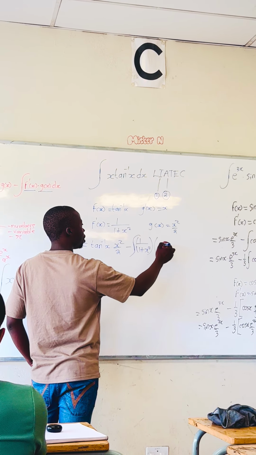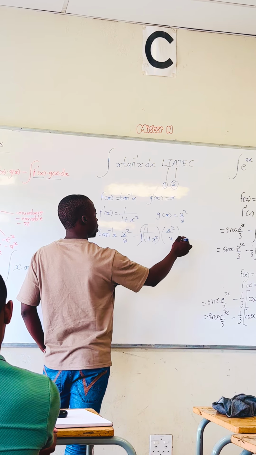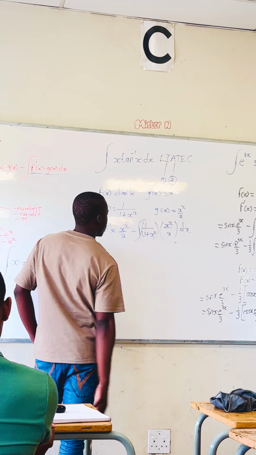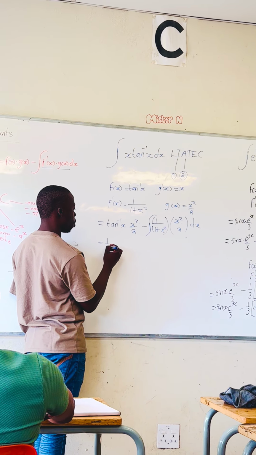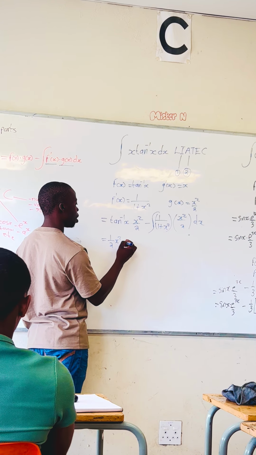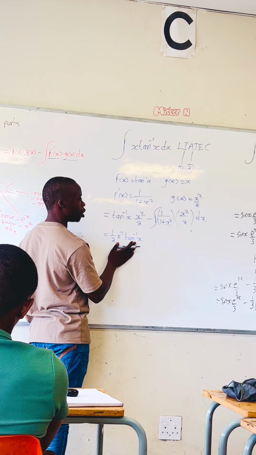And then g of x is dx. So this is already part of the solution, meaning I already have 1 over 2 x squared tan inverse x. It's already part of the solution, right?